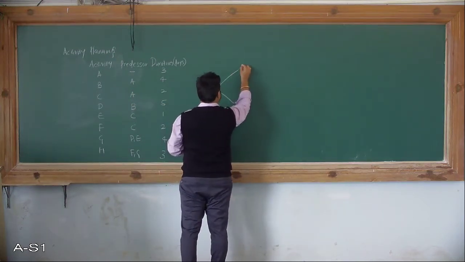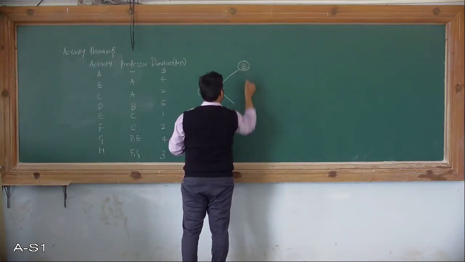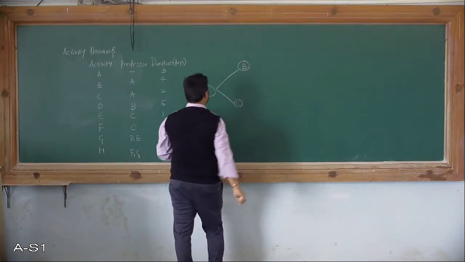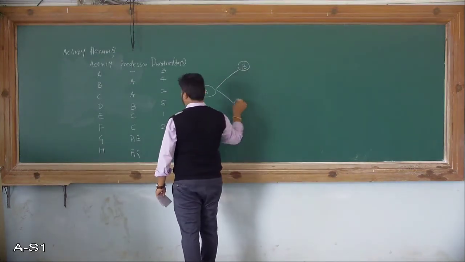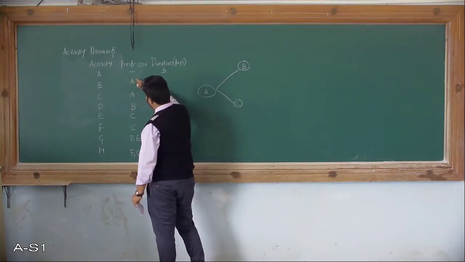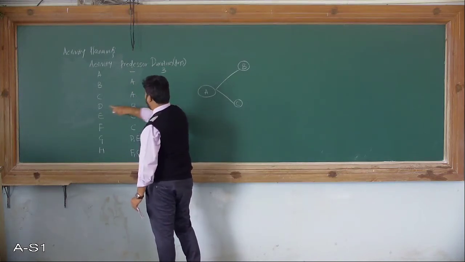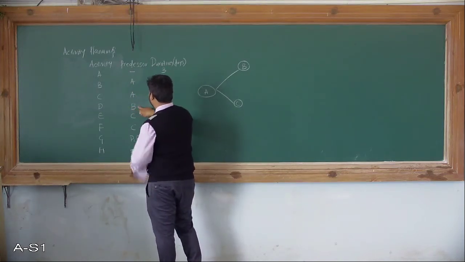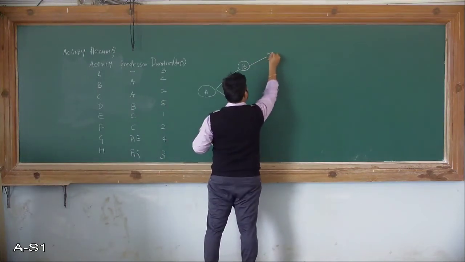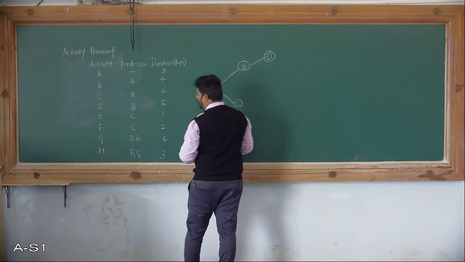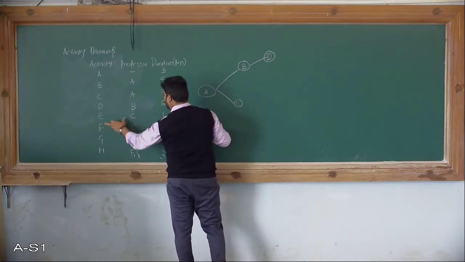You can observe, this is my activity B and this is my activity C, and both depend on A. Then activity D depends on B, so D is followed by B. Then E and F are followed by C.